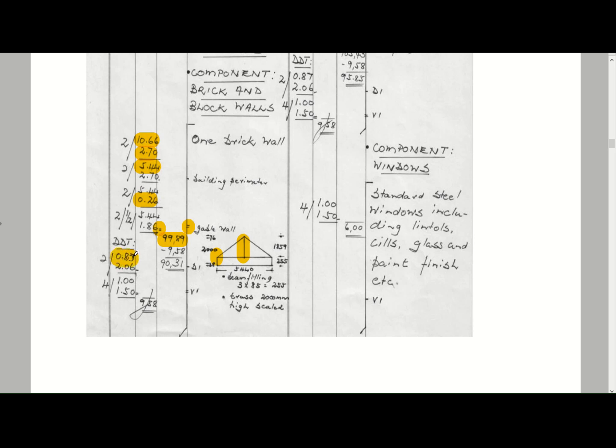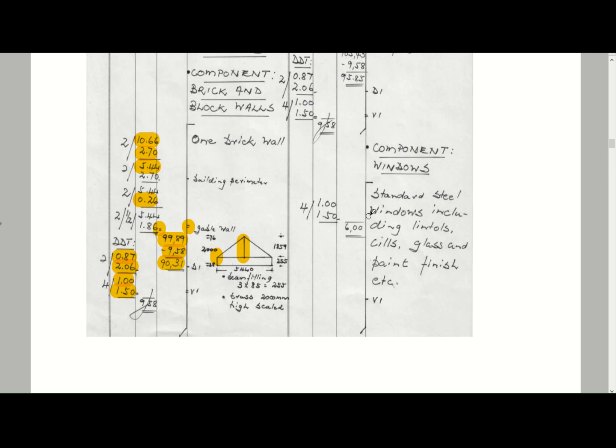Here's your two doors, and here's your 4 windows that they've deducted from that. That is basically how they calculated the area. Here's the deduction, and here's the final square meter for your external walls.